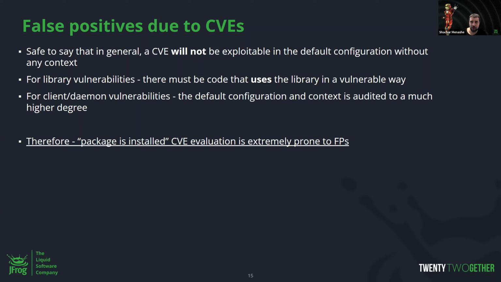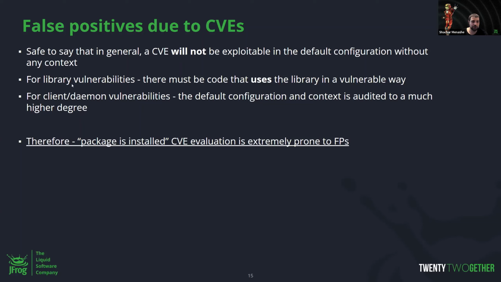There are outliers like Log4Shell, for example, which even though it's context dependent, the context was so common, you have to log a message with attacker input, that you could almost say it's exploitable in default config without any context. But these are things that break the internet and are very rare. For 99.9% of CVEs from 2022, this won't be true.